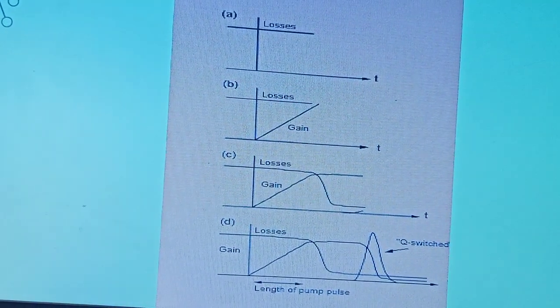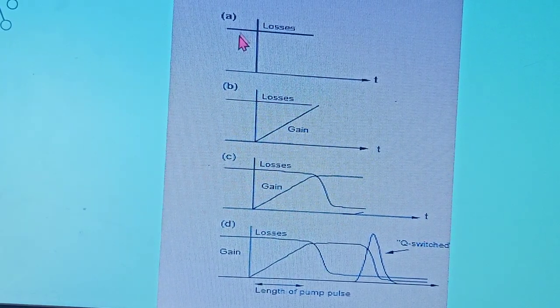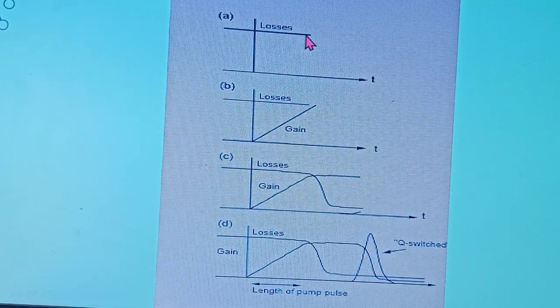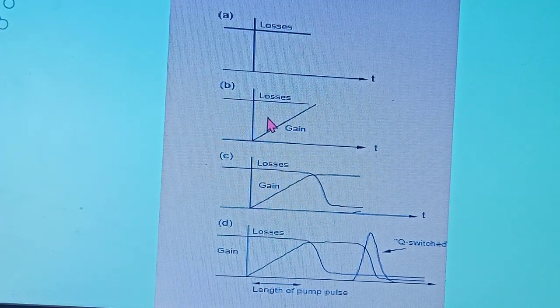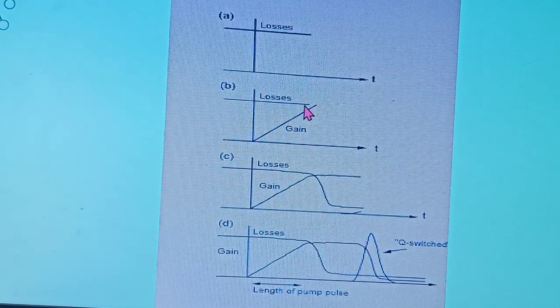In active Q switching, this is what happens. Loss is maximum, the shutter is closed. Due to pumping, the gain is growing and the gain saturates.